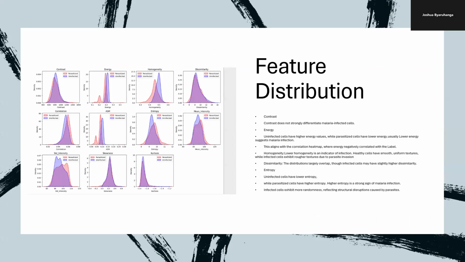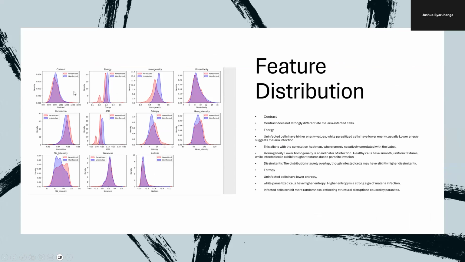Then when you look at the feature distribution, energy and ASM have the same distribution. So from this view, we shall be able to eliminate one feature, since these two features speak to the same characteristics.